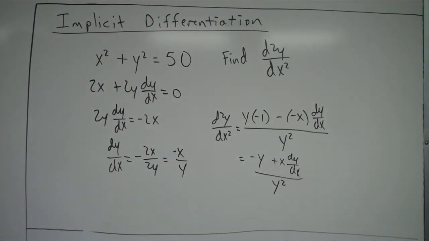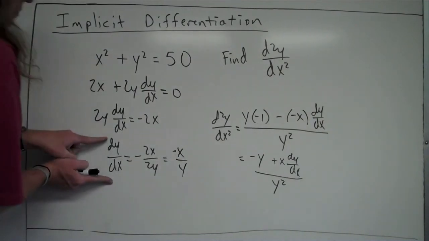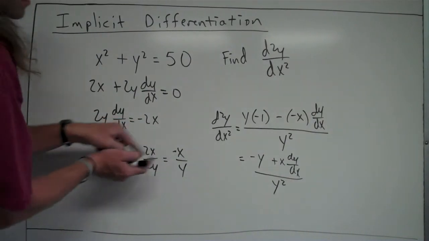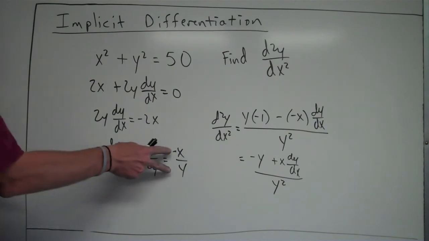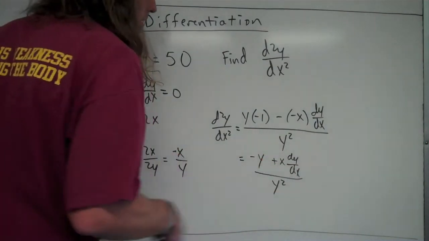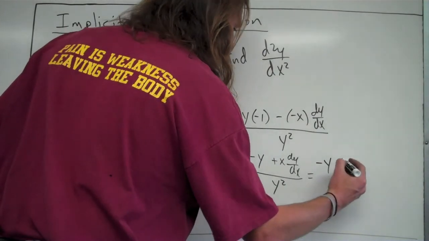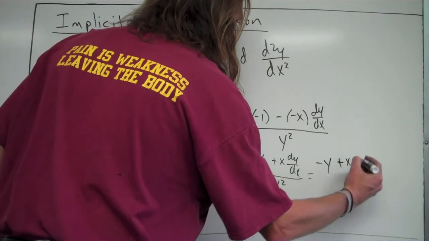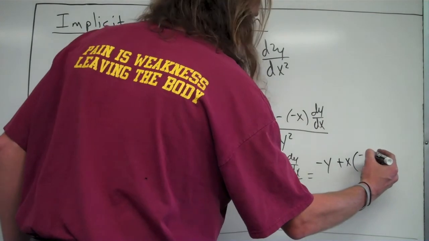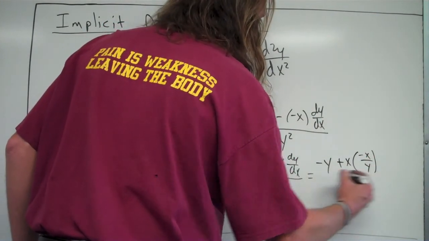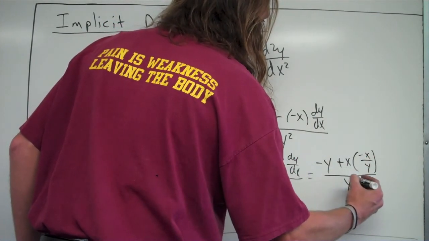Now, at this point, I don't want to leave a dy over dx in my second derivative. I want to just have x's and y's left in there. So, I notice that just a second ago we found what dy over dx equals for this problem. It equals negative x over y. So I'm going to take negative x over y and substitute it in where I see dy over dx. So it'll be negative y plus x times negative x over y all over y squared.